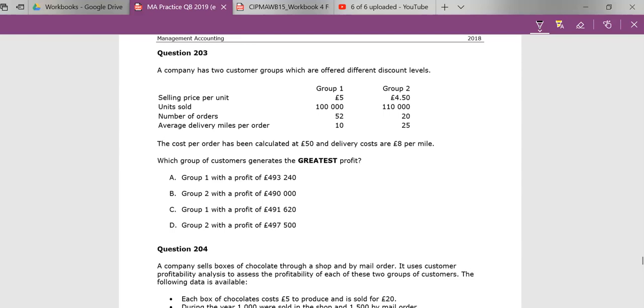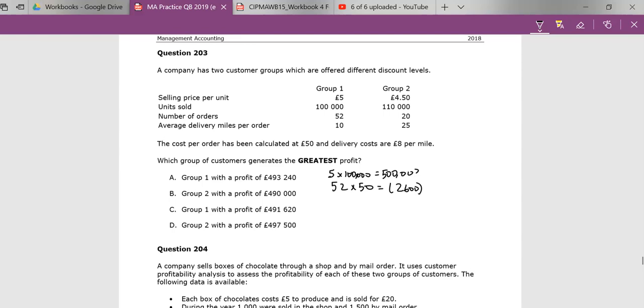I'm selling each unit for £5, so 5 times 100,000 is 500,000. Then the number of orders is 52, with a cost per order of 50, so 52 times 50 is 2,600.